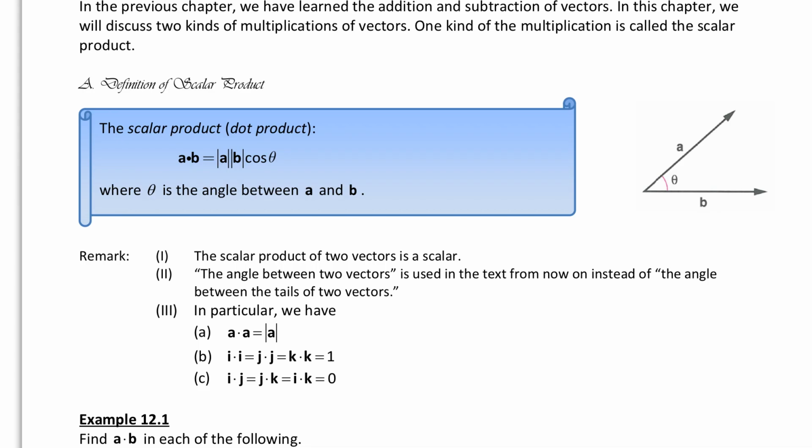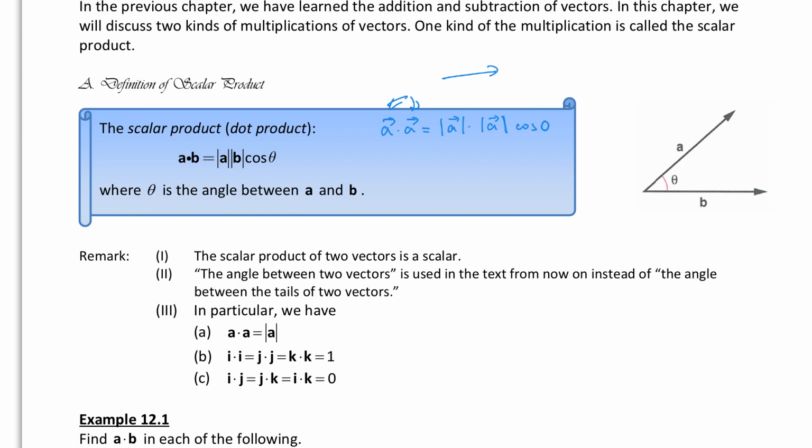Second remark, as I mentioned before, remember we need to move the vectors to find the included angle. That means the angle between the tails of the two vectors is the angle between the two vectors. According to the definition, what is the meaning of A dot A? That means magnitude A times magnitude A times cosine 0 degrees, because they are parallel.